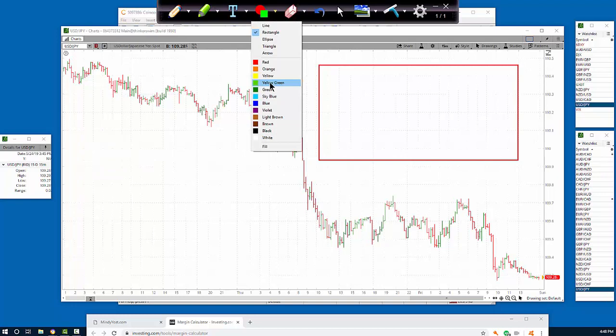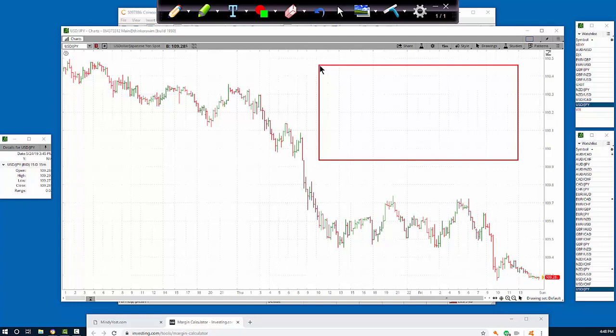So in the United States, you would have to pay about 1/50th of the price of this box. It might look something like this, but it would be essentially 1/50th. So instead of $100,000, you'd be putting up $2,000.